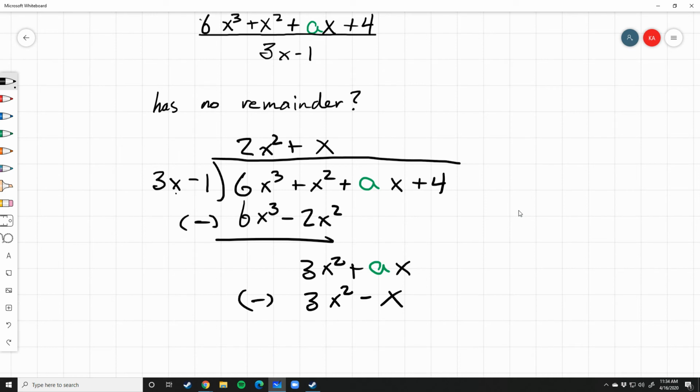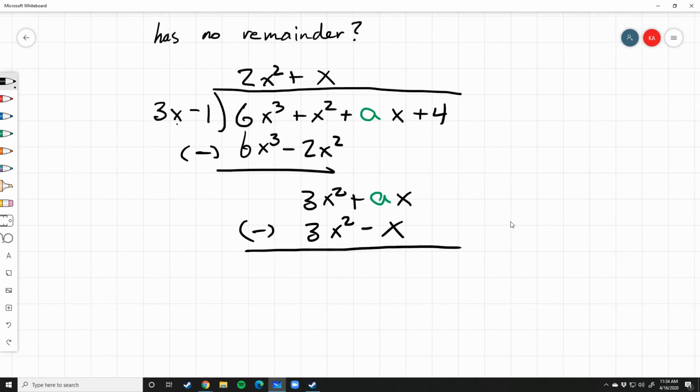We'll subtract, and 3x squared and 3x squared turn into 0, and then ax minus x is our answer here. I would actually prefer to factor out the x and rewrite this as a minus 1 times x. Maybe I'll turn this green. See how that goes for me.